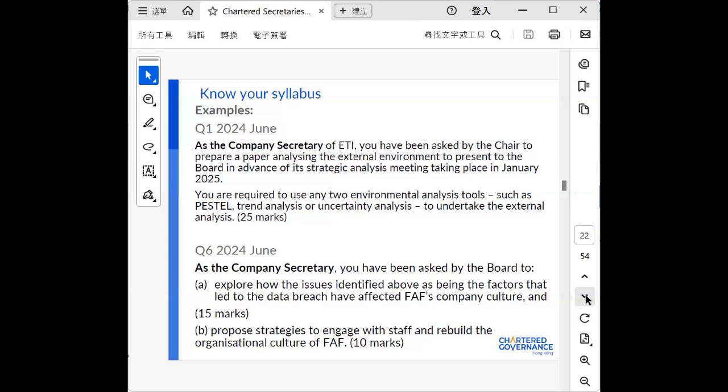And maybe in a traditional strategy module, they don't look so much at culture and ethics. But in this module, we focus on ethics, and the ethical elements are integrated deeply into the strategic planning and delivery.